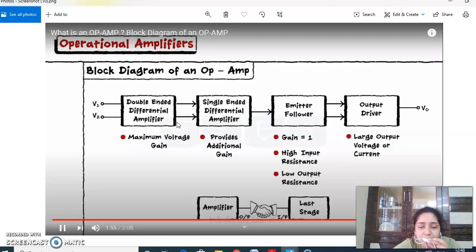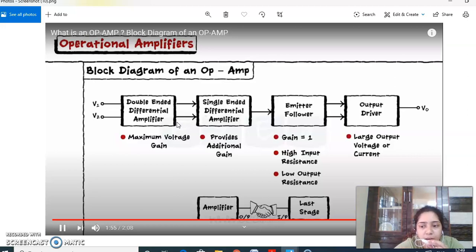So what is the purpose of using a coupling capacitor? The capacitor blocks DC and allows only AC. But here we are not using any capacitors, so the DC is extended and passed from one stage to the other stage. Upon passing the DC level from stage to stage, the DC level will get higher and higher.